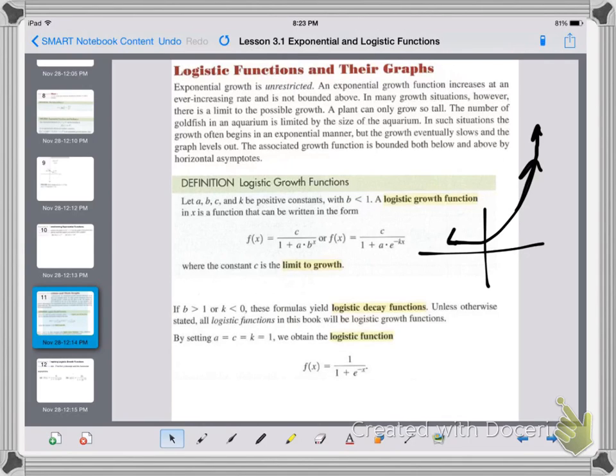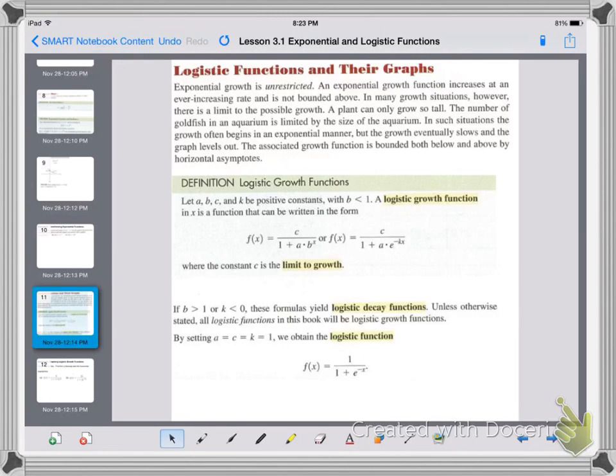There was no restriction on what my range was. Now, an exponential growth function increases at an ever-increasing rate, and it is not bounded above. That's what we just said.